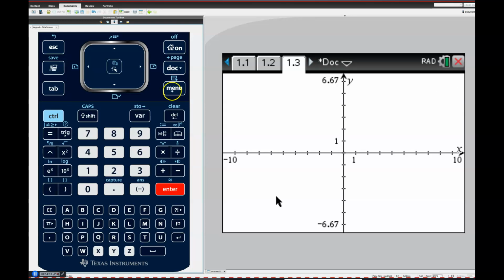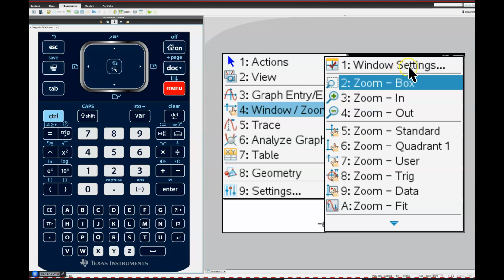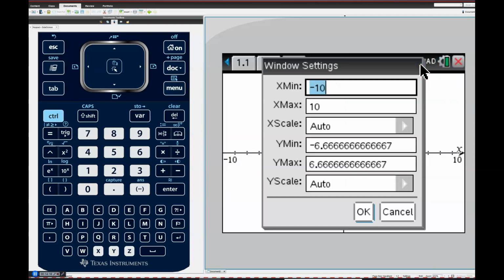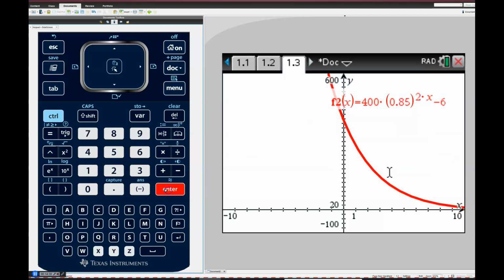So what you're going to do is you're going to hit Menu, Option 4 for Window, and Option 1 for Settings. I'm going to keep X min and X max the same, but I'm going to convert Y min to -100, and set Y max to 600. And let's see if I can see the whole picture. That's much better.